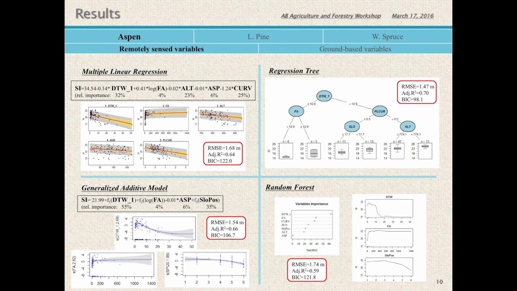We can track the least productive site, and on the other side we can see the most productive site in terms of aspen site index. So fit statistics again showed a bit better results than the previous two methods.